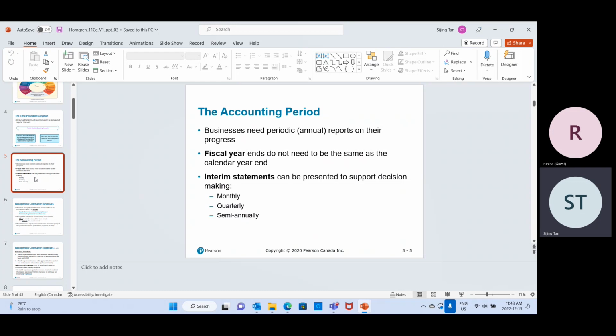That's why sometimes you see a company's financial statements with the period ended April the 30th. That is the fiscal year end for the business. Interim periods are less than a year. We sometimes call them monthly, quarterly, or semi-annual periods. Those are the most common ones.